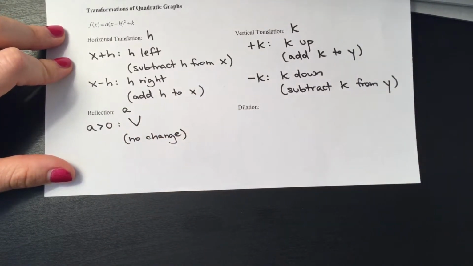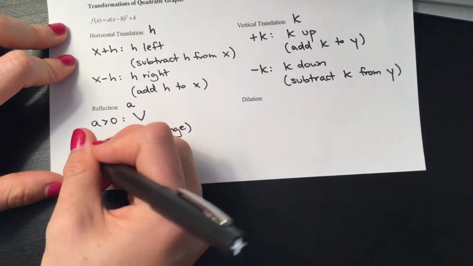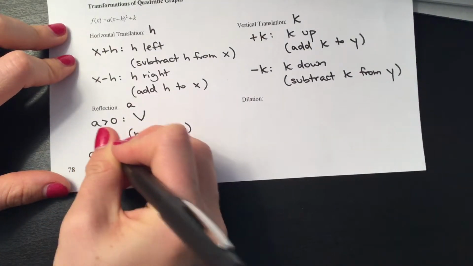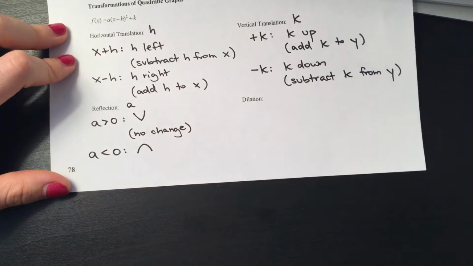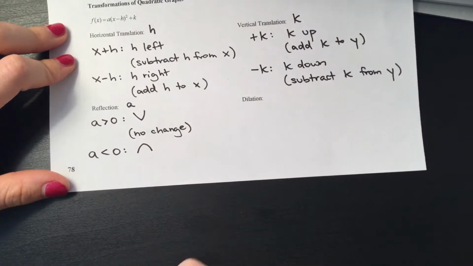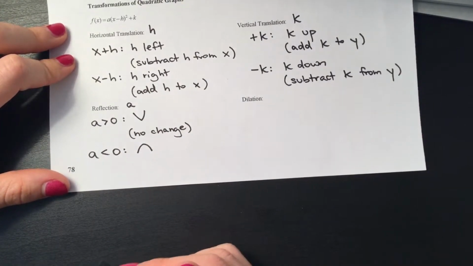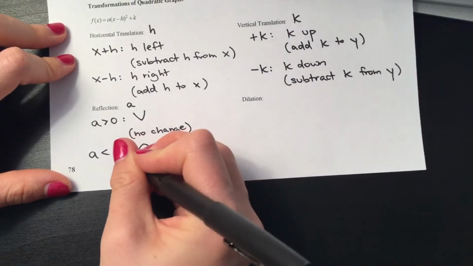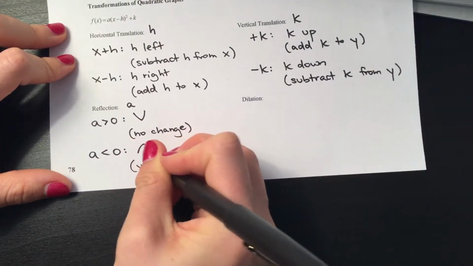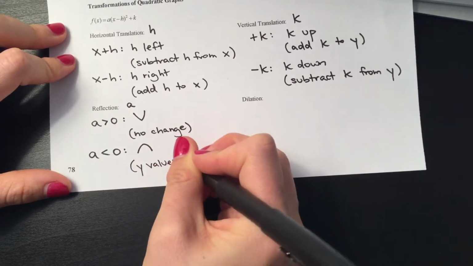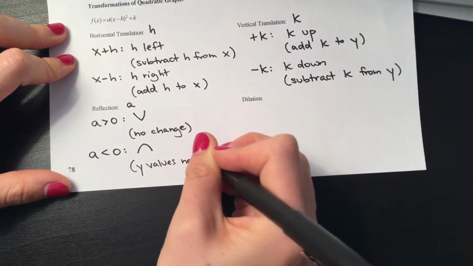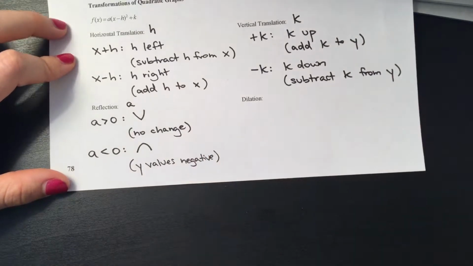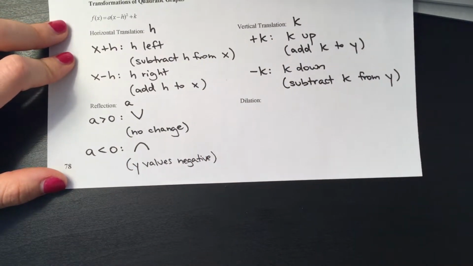So no change would be made if a is already positive. But if a is negative, what that means for our graph is that it's going to get flipped upside down. And flipping upside down, remember from a couple chapters ago, that means that all the y values are going to become negative. Okay, so we make all the y values negative.